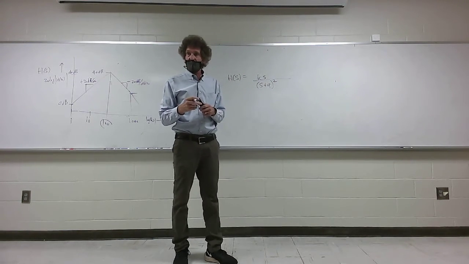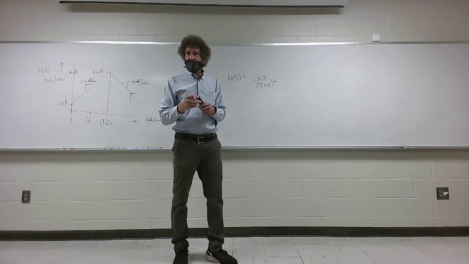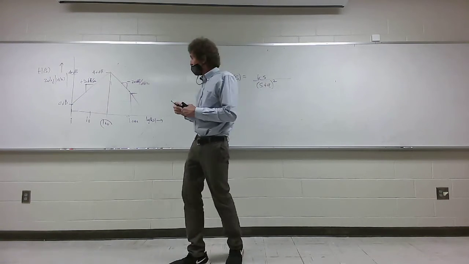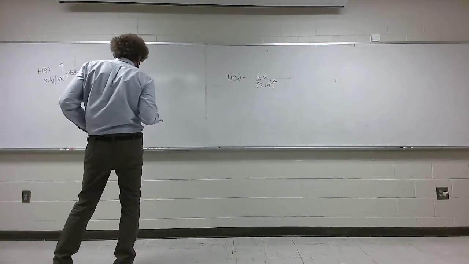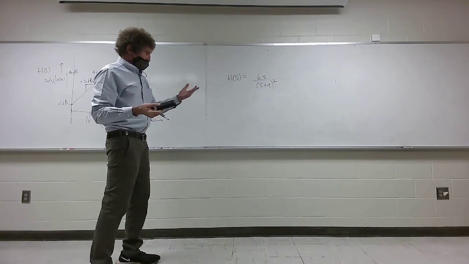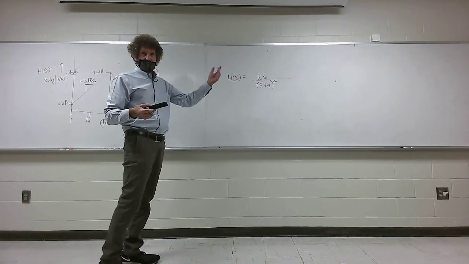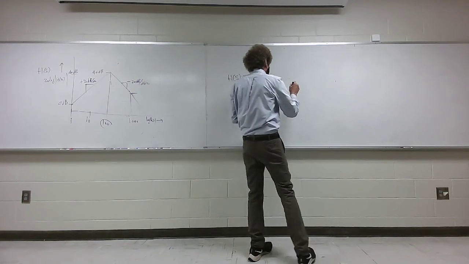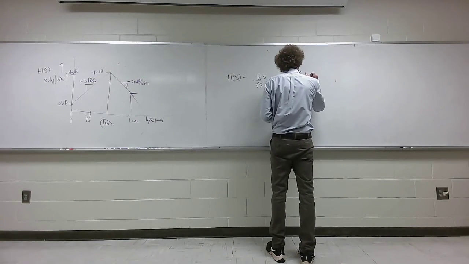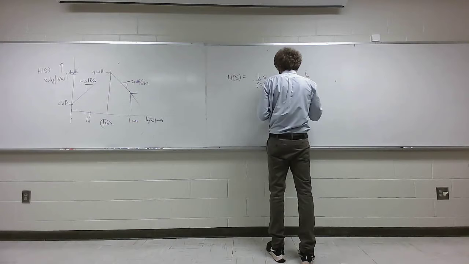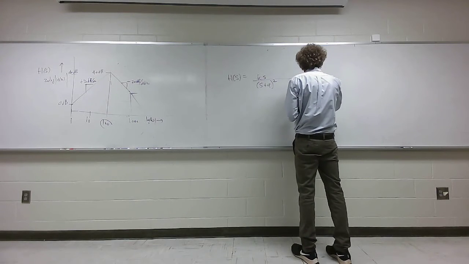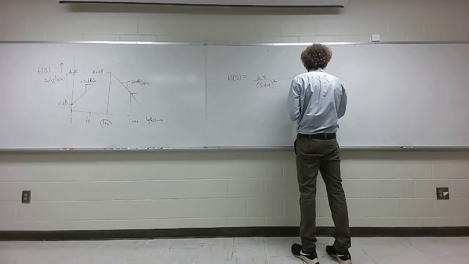Do y'all agree with that? Now, after that, I'm going to do it the way I like to do it. I'm going to take K over A squared, taking an A squared out of there, and then I have S over A plus 1, squared, right?